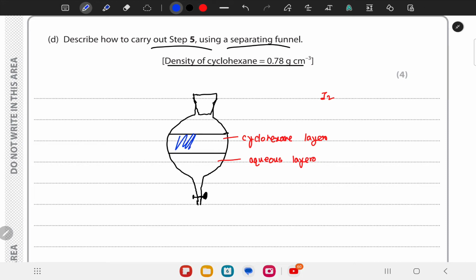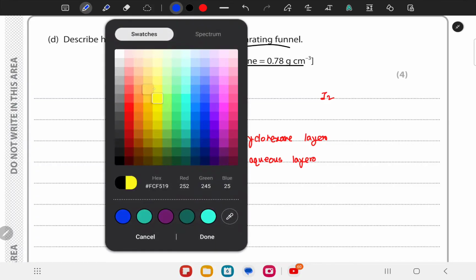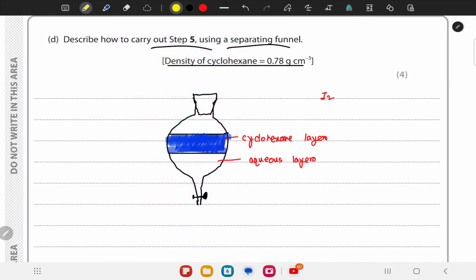So the iodine is going to be in the cyclohexane layer more, and it will be in very low concentrations in the aqueous layer.